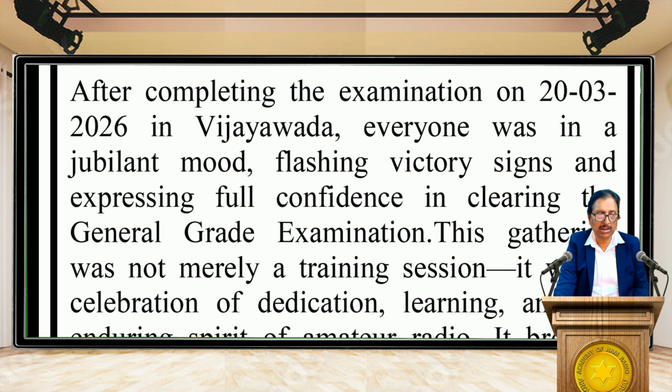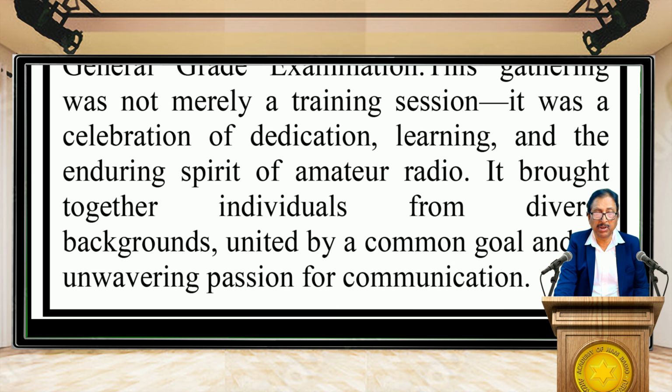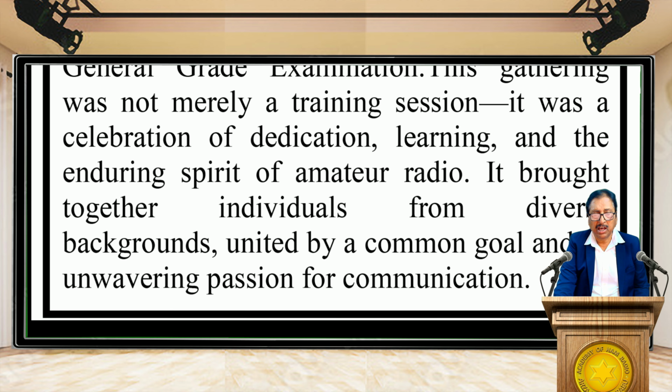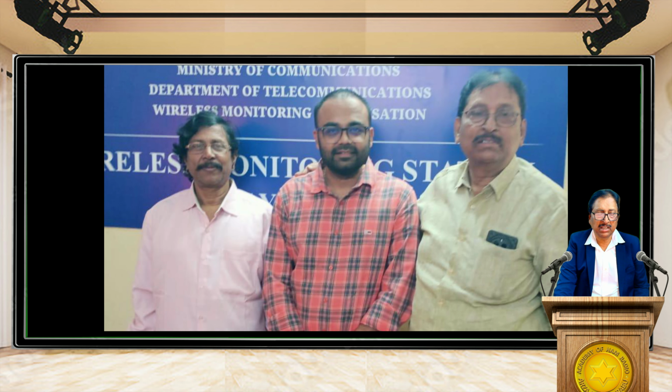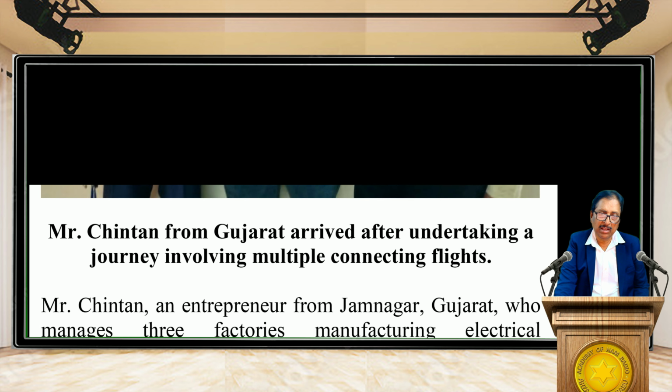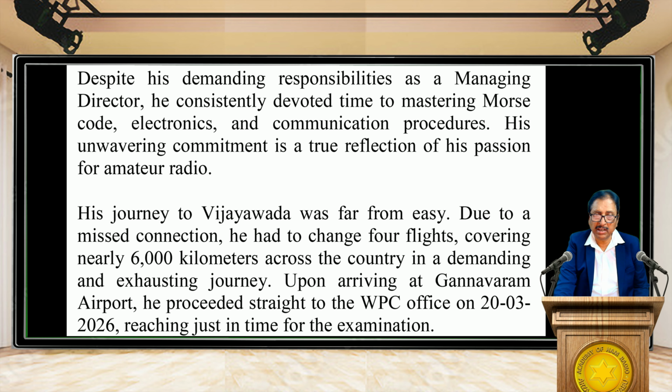For general grade, one has to practice Morse code, exclusively Morse code training, and electronics and communication sessions are going to be conducted this summer on May 10th. The inaugural session is scheduled to be held at 6 p.m. Those who want to join the training to crack general grade are all welcome.